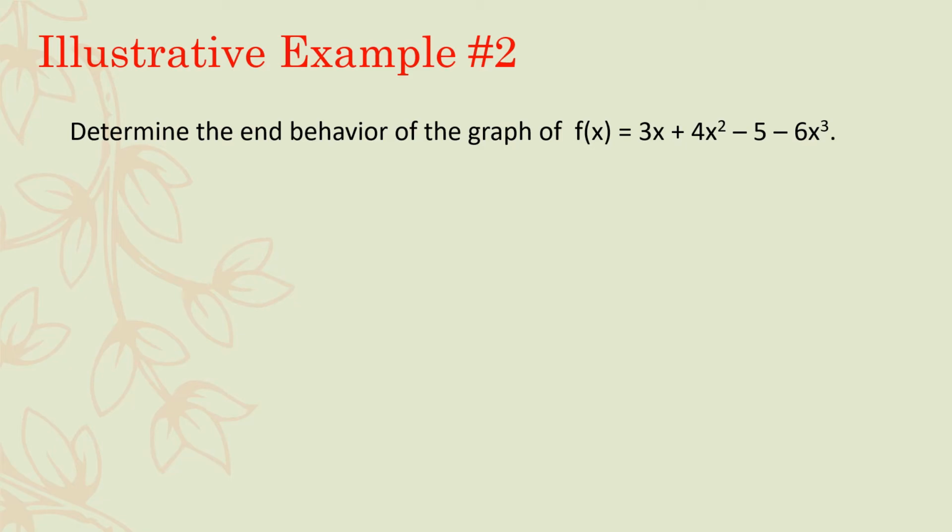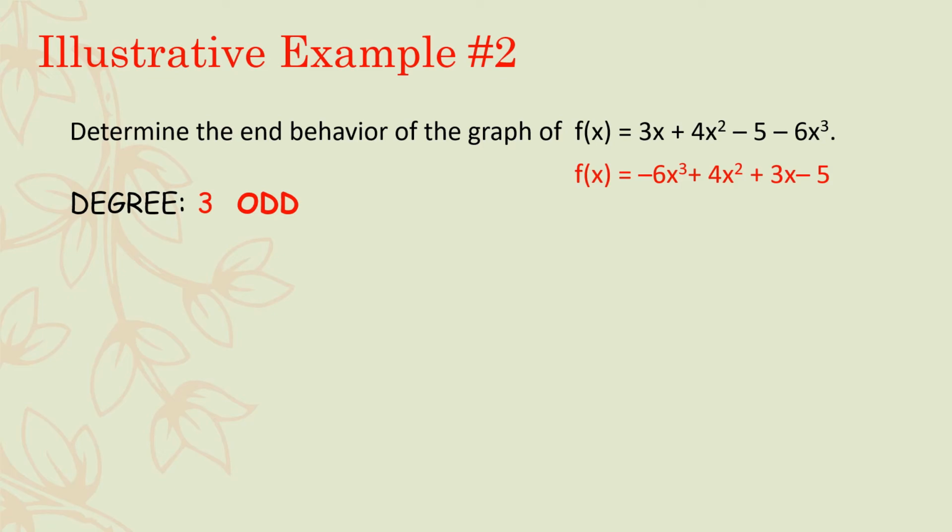Let's have another one. Determine the end behavior of the graph of f of x equals 3x plus 4x squared minus 5 minus 6x cubed. You may first rearrange the terms in descending power of x. So you will have f of x equals negative 6x cubed plus 4x squared plus 3x minus 5. Then you determine the degree, which is 3, an odd number, so it will fall under case number 1 or case number 2.